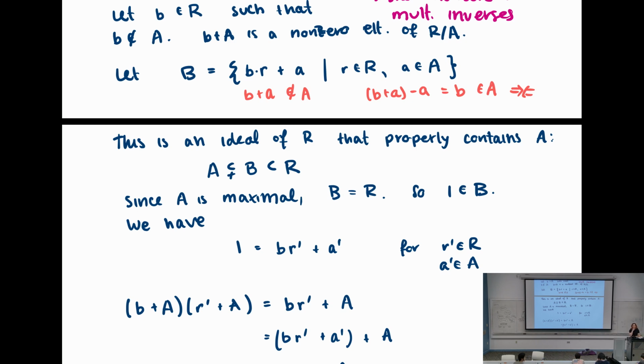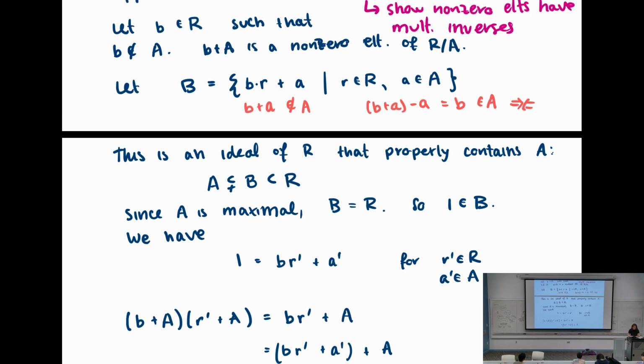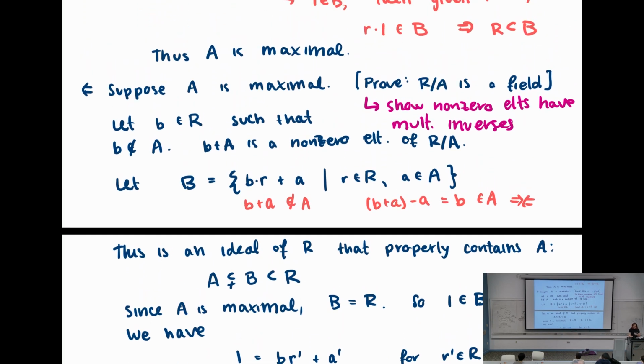Other questions? Yeah. Can you quickly explain why the other field properties follow? Yeah, so okay, we said a field was a commutative ring with unity in which every non-zero element has a unit. We only showed that non-zero elements have units. So why is it commutative? And why does it have a unity?